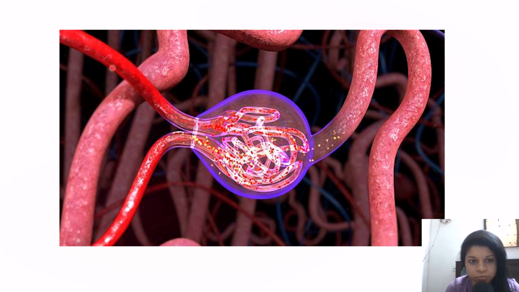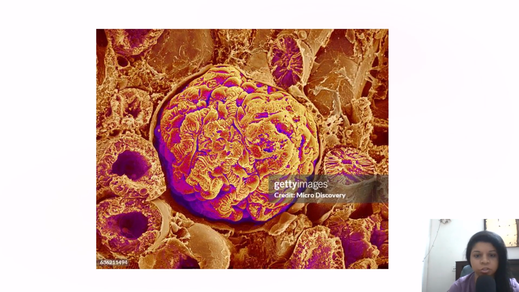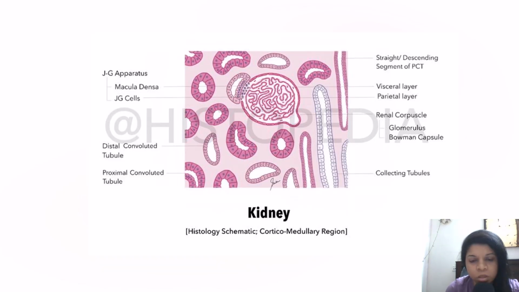Here the afferent arteriole, efferent arteriole, the blood supply and the vasa recta constitute the vasculature. If you see ultrastructurally, this is actually how the kidney looks in ultrastructure. This is the glomerulus, especially in the cortex only you will see this. You can see here they are surrounded by the tubules. This is the cut section of the tubules.